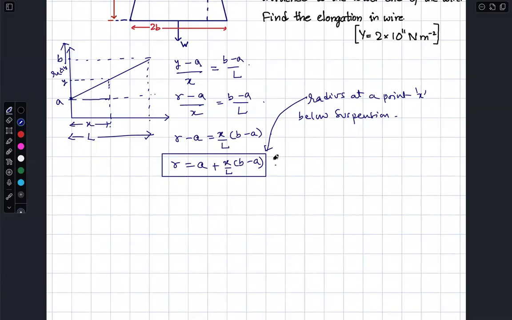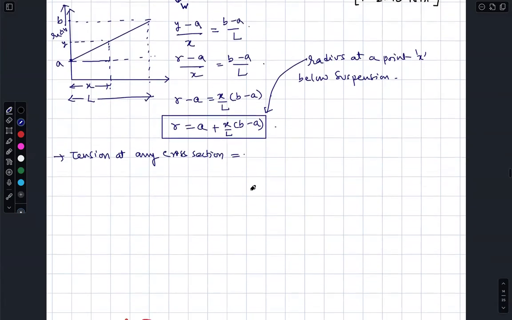Right? No issues. Very comfortable till this point. Now my point is very clear here. Very important point: tension at any cross section is the load, mg.